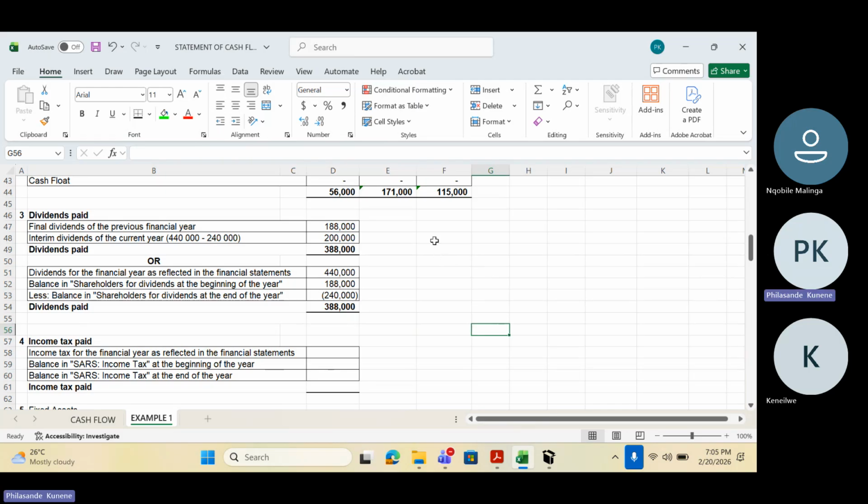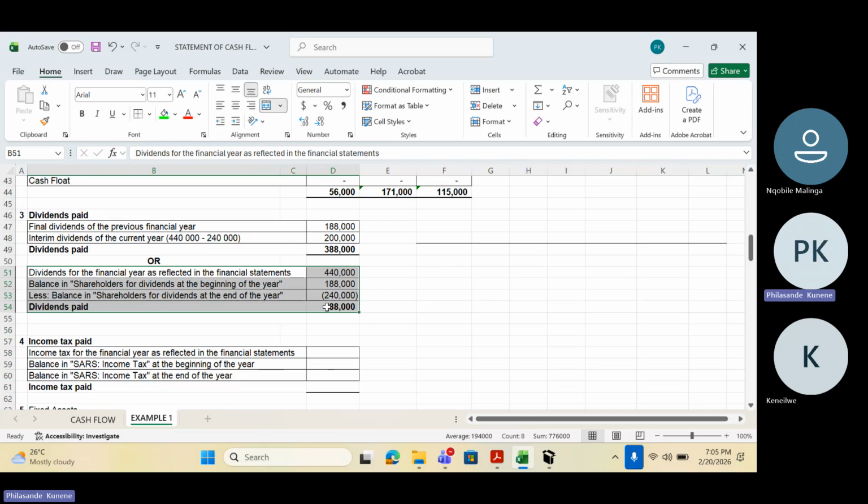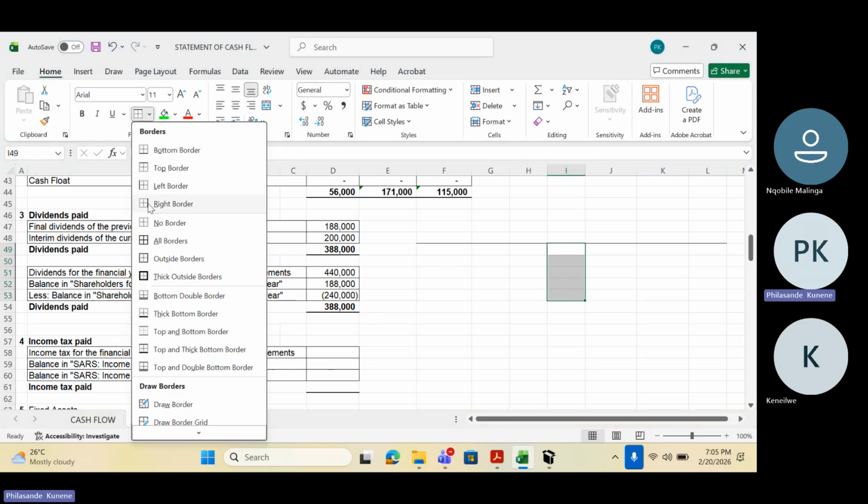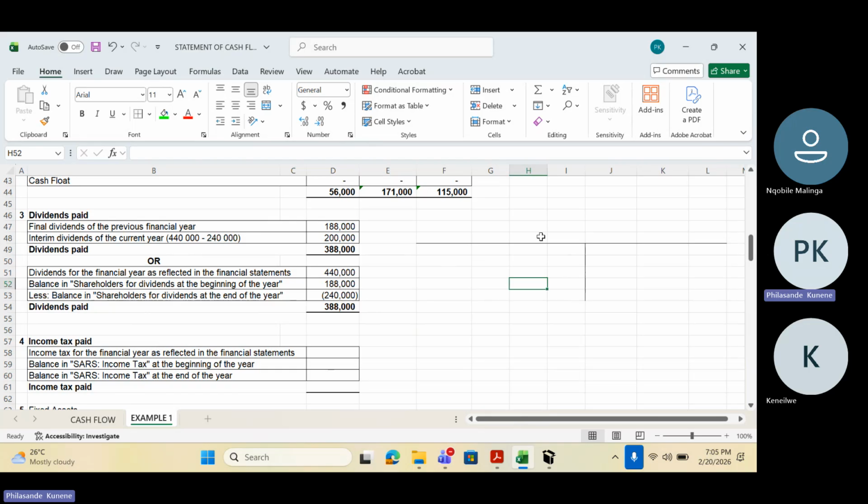On my side, it's very good for you to prepare the T account. I always encourage that because this note is actually a T account written in the form of a note. It makes things easy when you prepare your T account, like your general ledger account, where you can calculate your dividends paid.